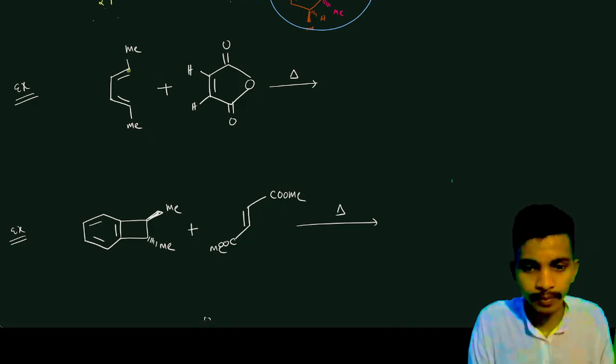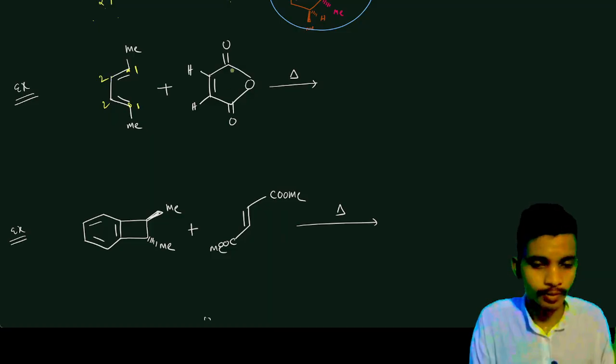So these are the primary interactions. This is one, this is one, then this is 2, and this is 2. Similarly these are the primary interactions. This is 1 and this is 1, this is 2 and this is 2.